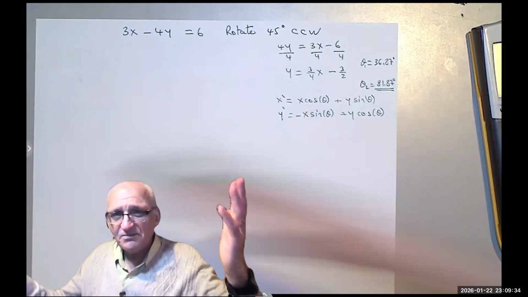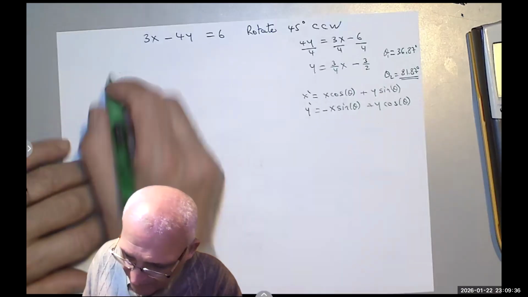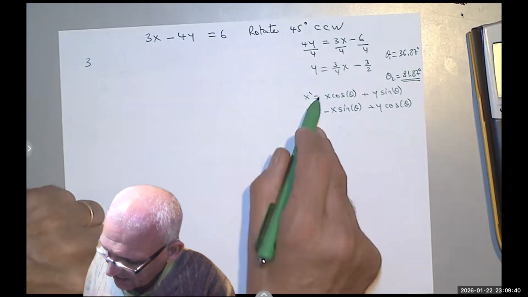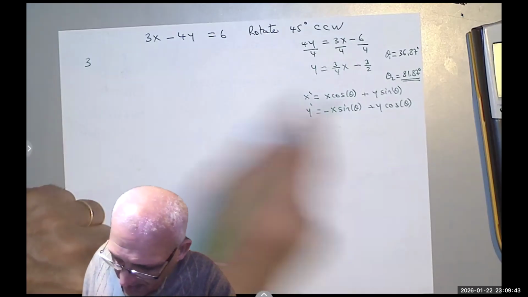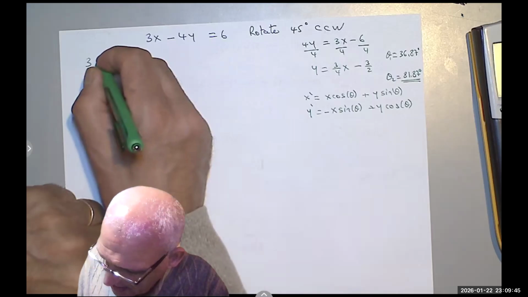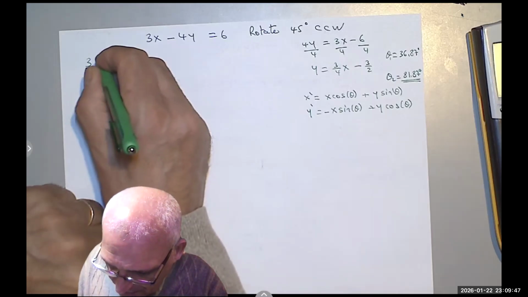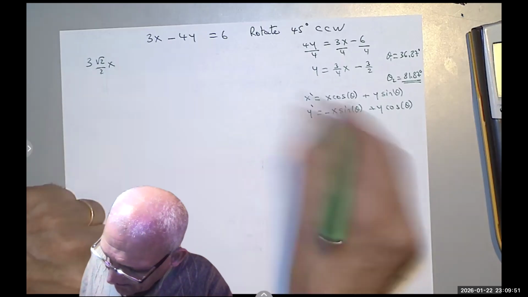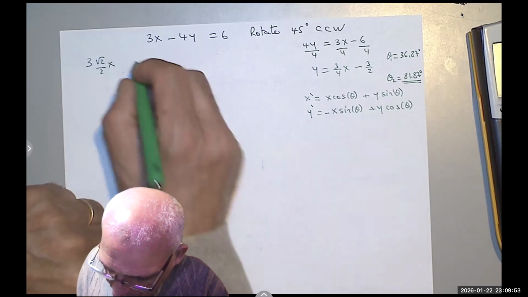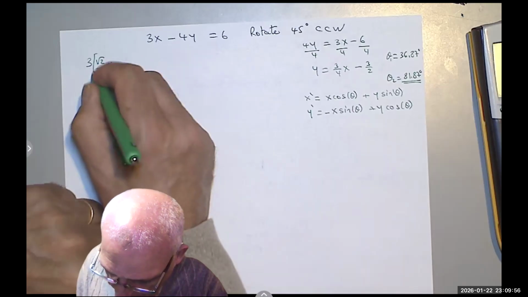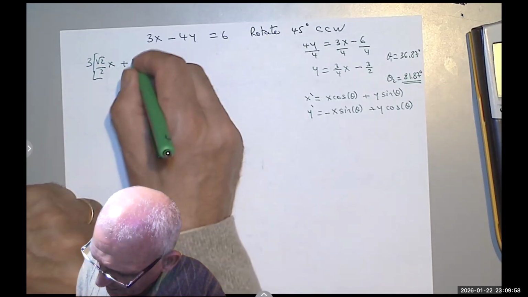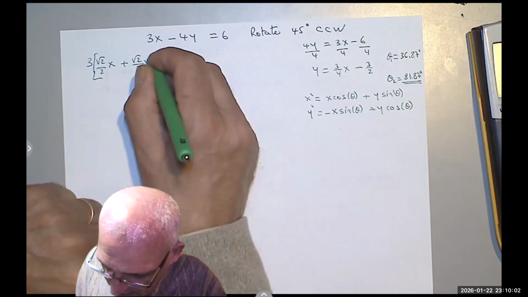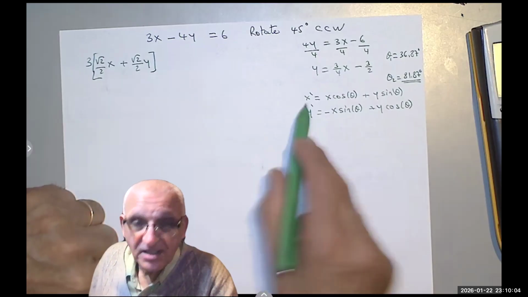The sine and the cosine, both of them are root 2/2. So 3 times x. So instead of x, I'm going to use x prime, which is root 2/2 x plus... I keep saying 3 from last time. Okay, that's the 3x. It becomes that.